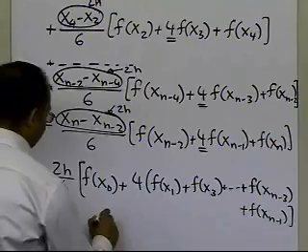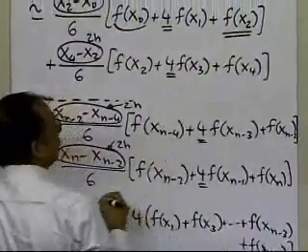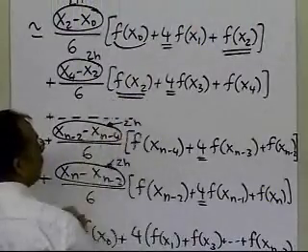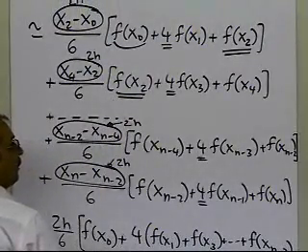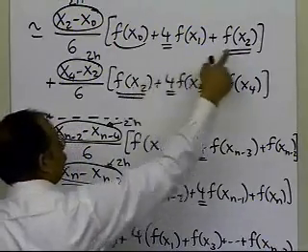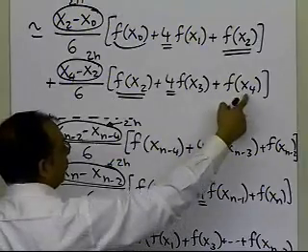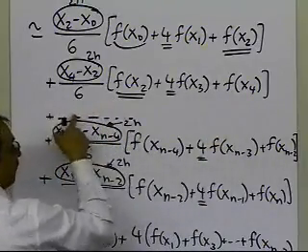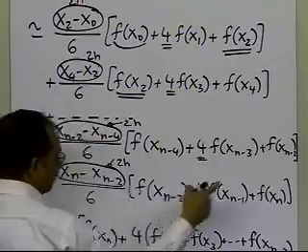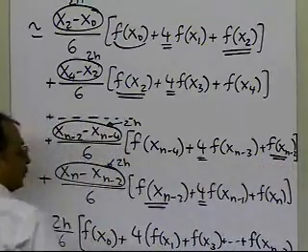And then I see that I have this f of x2 here once, and then I have f of x2 here once. So any of these subscripts which are even, those are going to be 1 here and 1 here, so there will be 2 times. Same thing, look at this f of x4, there will be an f of x4 in the term which I have not shown here, that will be 2 times. Same thing, look at this, this is 1 time here, and this is 1 time here, it becomes 2 times.